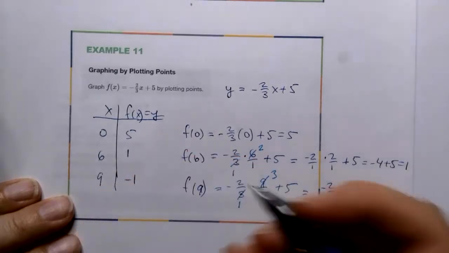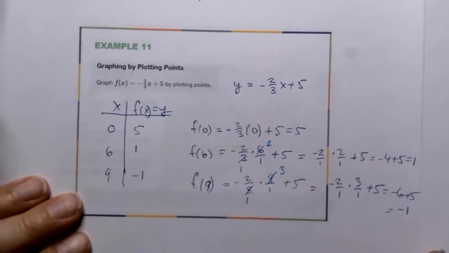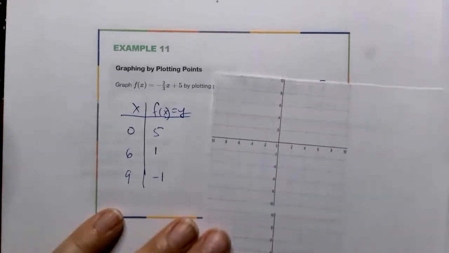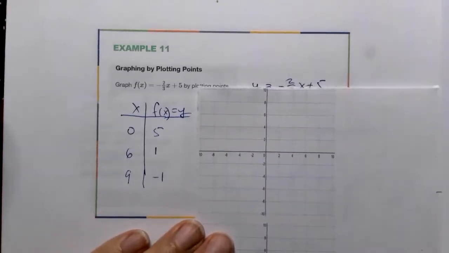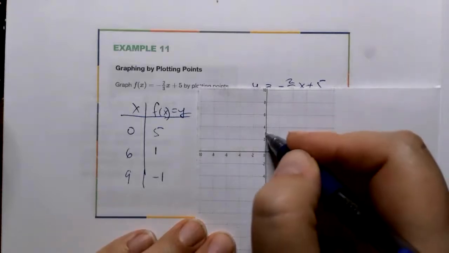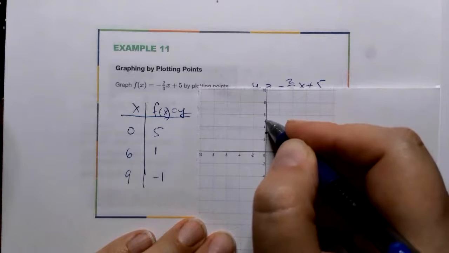So now I have enough points to plot them onto a graph. Here's my graphing paper, and let's start with 0, 5. No, it's right here. Sorry. 0, 5.